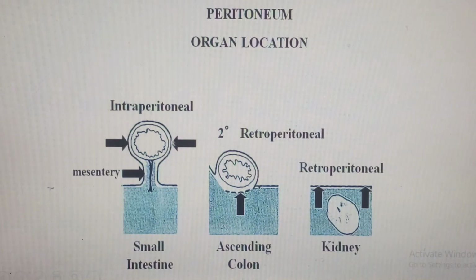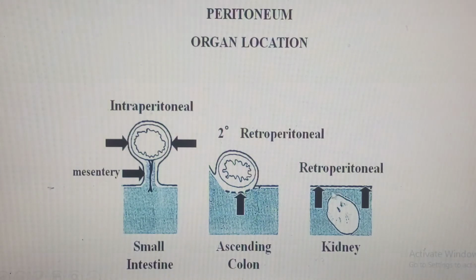Now this one you can see entirely, but this portion is hidden. You are able to see this portion, but the posterior aspect you are not able to see, and it is also fixed. So although they are visible, they are immobile because they don't have the mesentery again.